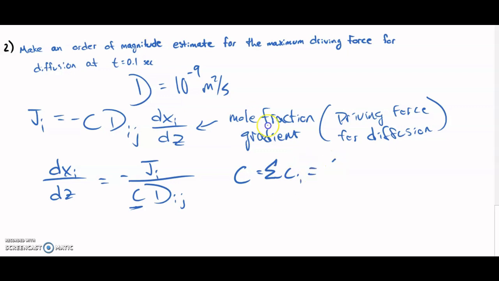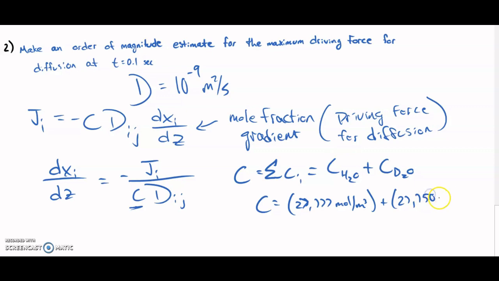So that's just the concentration of water plus the concentration of D2O. So C is equal to 27,777 moles per meter cubed plus 27,750 moles per meter cubed. So that'll be a total concentration of 27 moles per meter cubed.